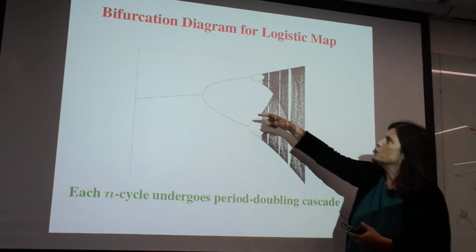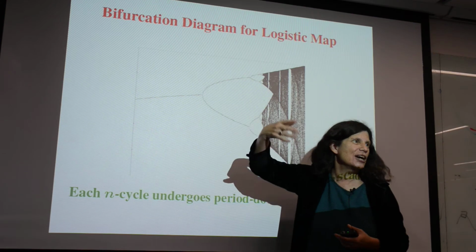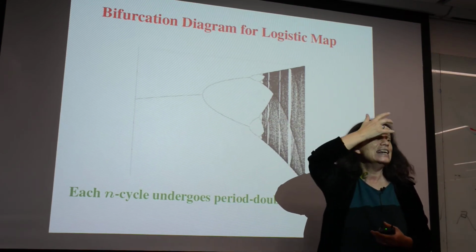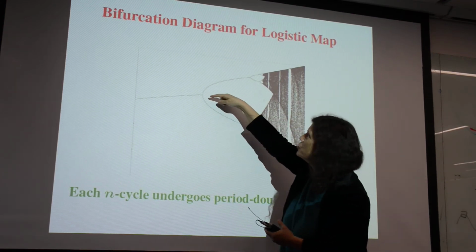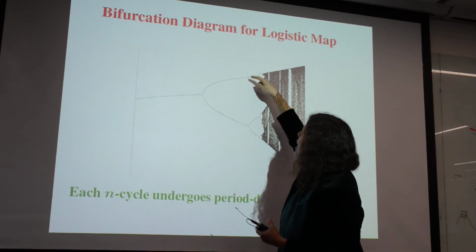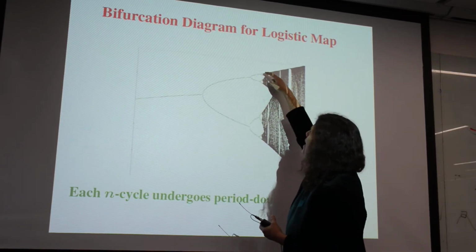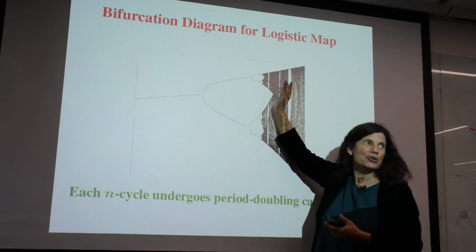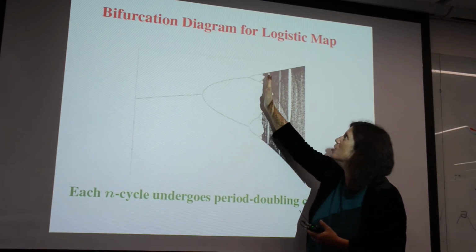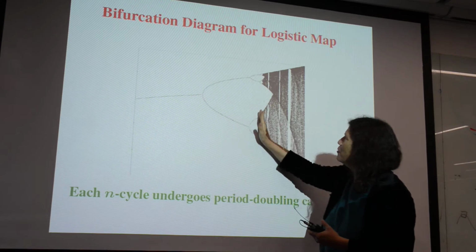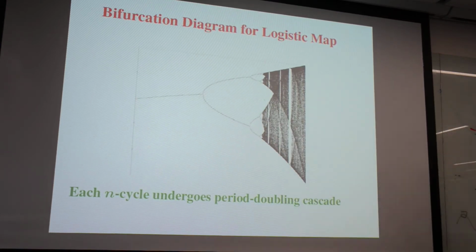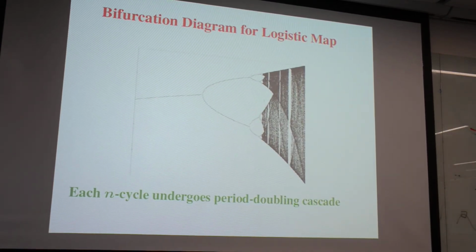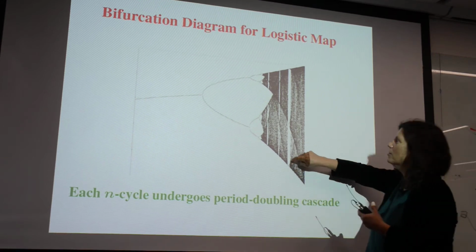To make the diagram less messy, they're only showing the stable ones: the fixed point, the 2 cycle, the 4 cycle, the 8 cycle, and then a 16 cycle. You saw how fast they accumulate; the whole thing becomes infinite about here. But then there are these nice periodic things after that, a 3 cycle over here.